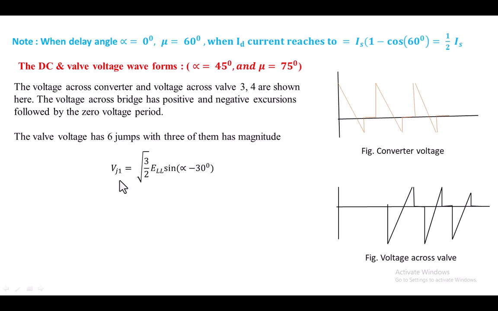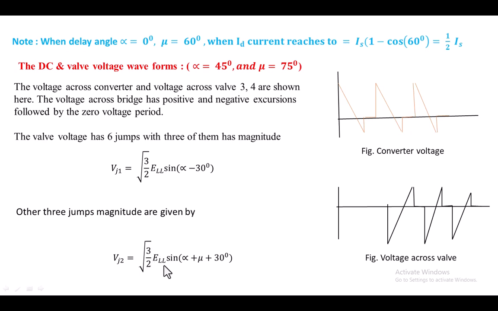That is the first jump, that we can write as Vj1 equal to root 3 by 2 ELL sin of alpha minus 30 degrees. The 3 jump voltages are equal in magnitude. So Vj2 equal to root 3 by 2 ELL sin of alpha plus mu plus 30 degrees.